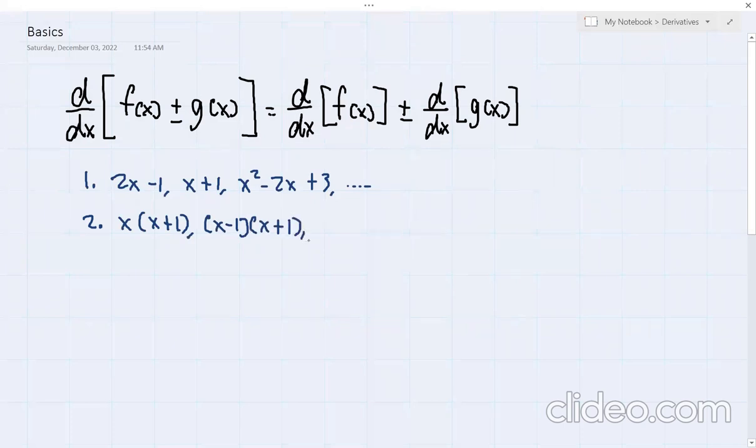O kaya meron pa tayong dalawang polynomials magkadikit-dikit. Okay? Katulad ng isang binomial, 2x minus 1, at isang trinomial, x squared plus x plus 1. Or kaya meron tayong isa pa, dalawang trinomials. So kunwari, 2x squared minus x plus 4 times quantity x squared plus 3x plus 1.